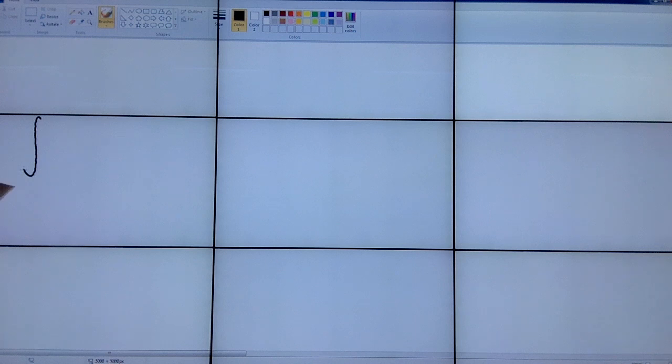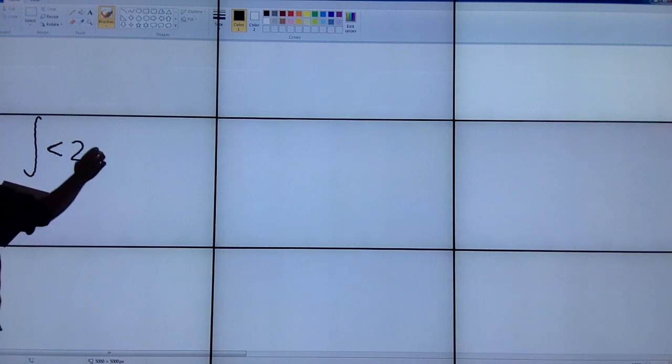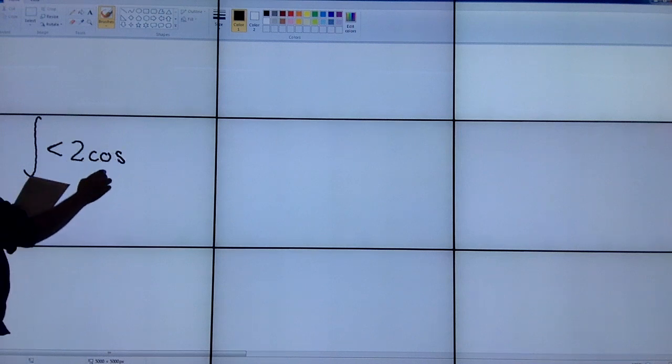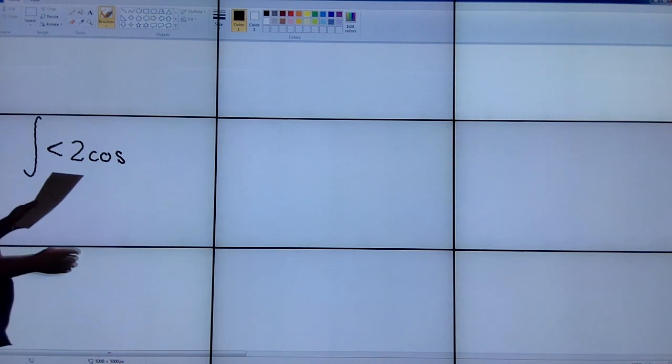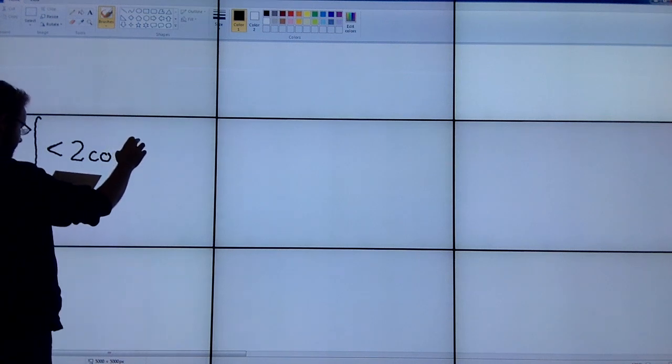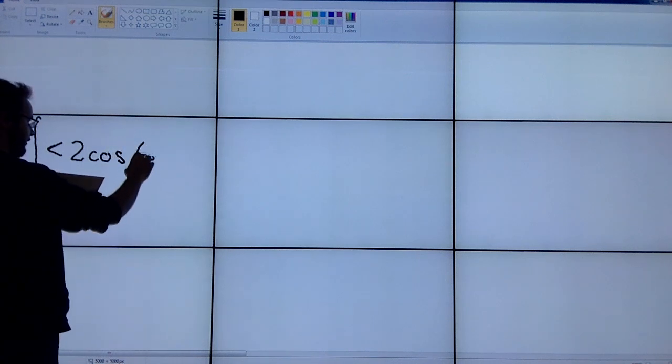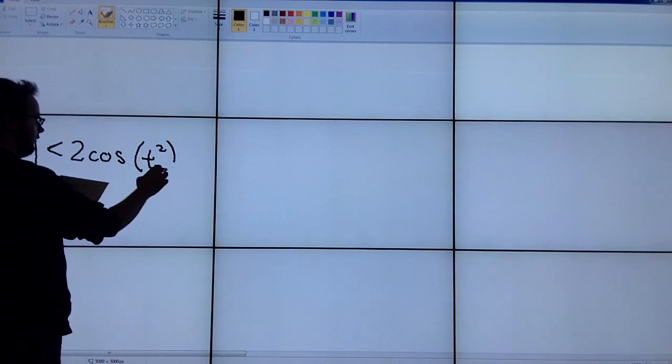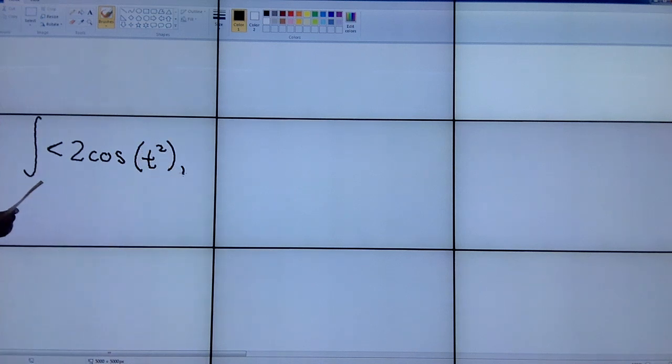Okay. Our vector field is 2 cosine y, but instead of saying 2 cosine y, we're going to plug in the parameterization that was given to us. We were told that y was equal to t squared, right? So 2 cosine t squared, comma, 3xz.